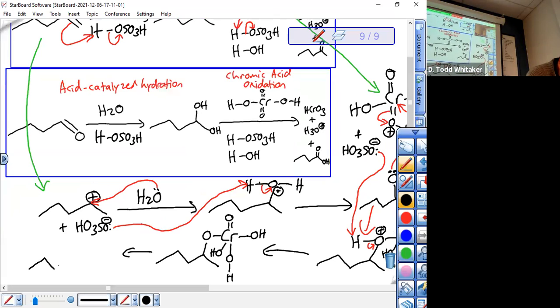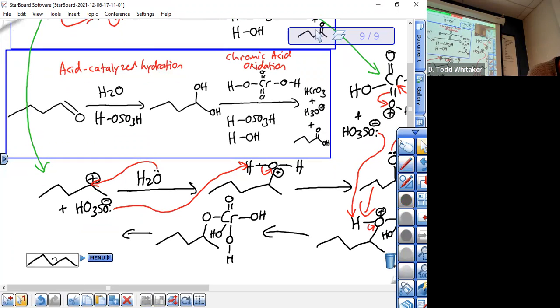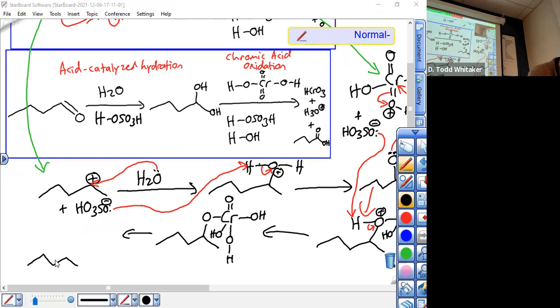What do I mean by losing water? Here's your goal. You want it to look like chromic acid again, which means you got to strip off water.